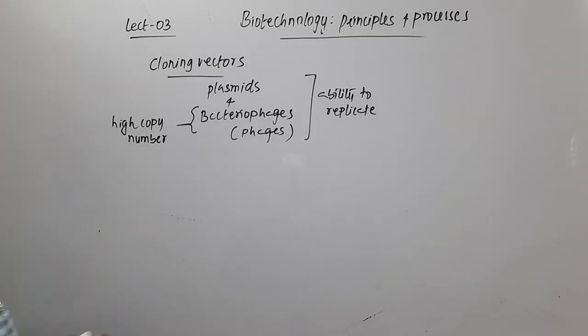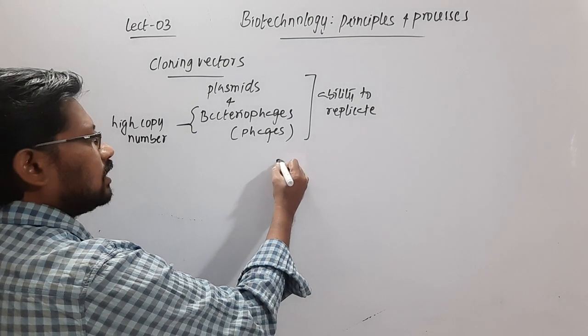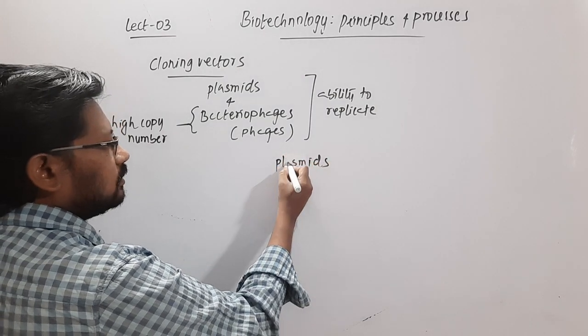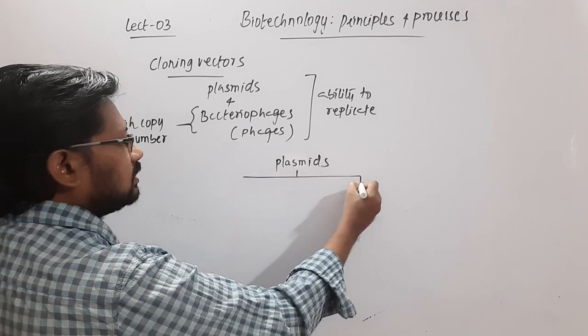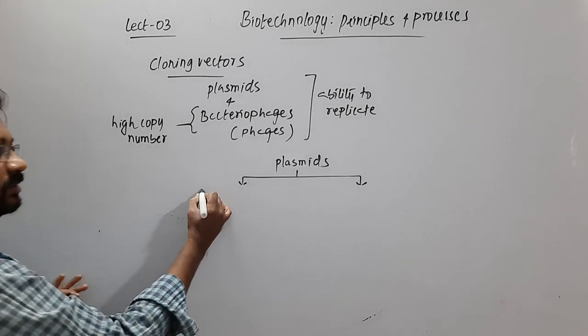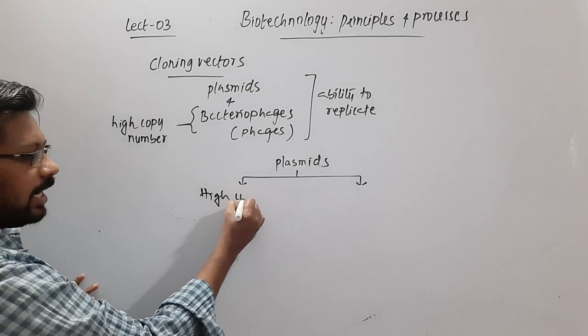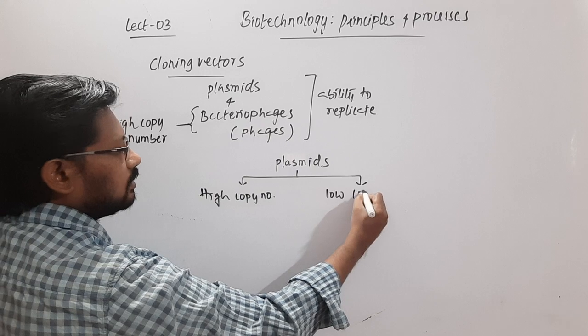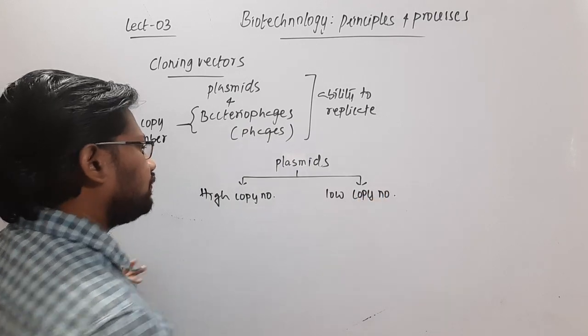Of course, we can find these plasmids in two types depending on their copy number: plasmids with high copy number and plasmids with low copy number.